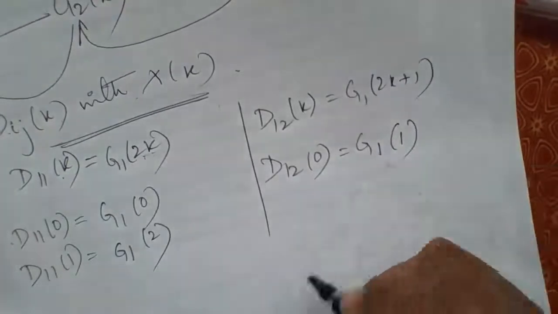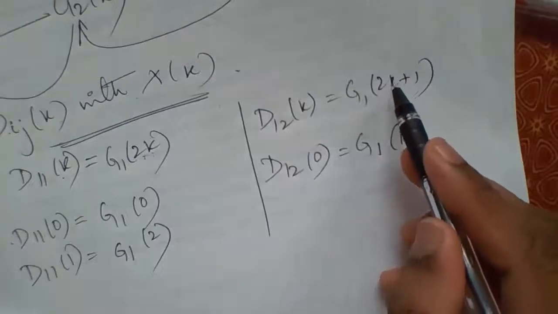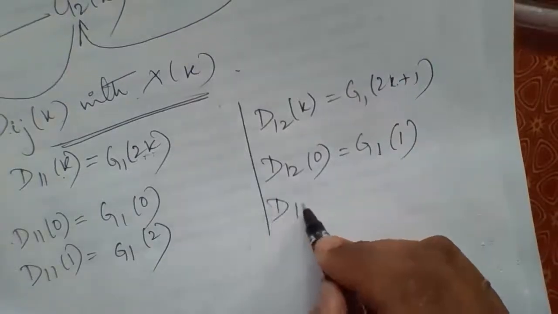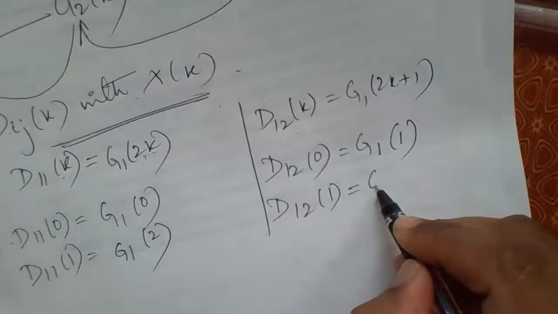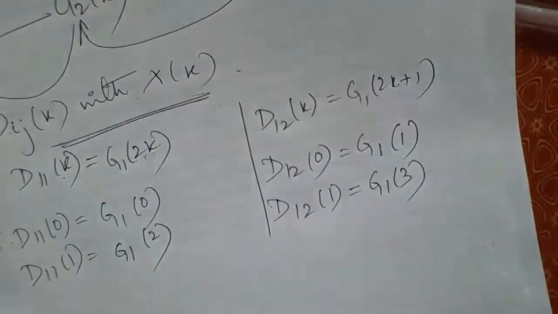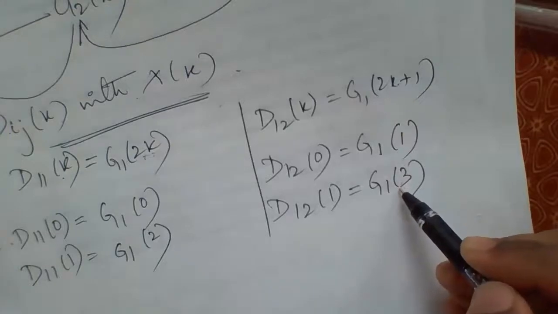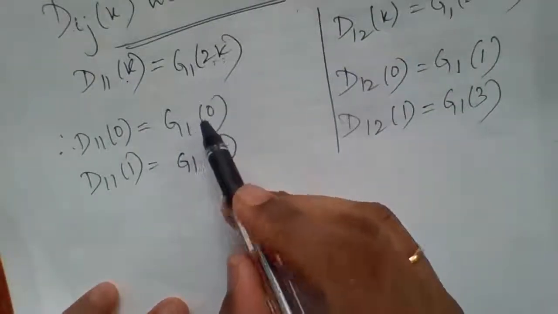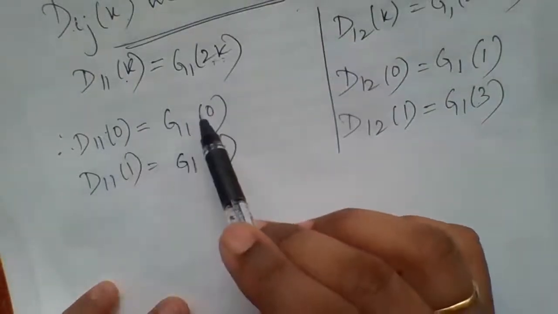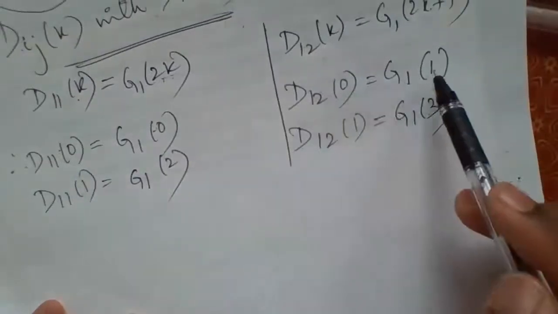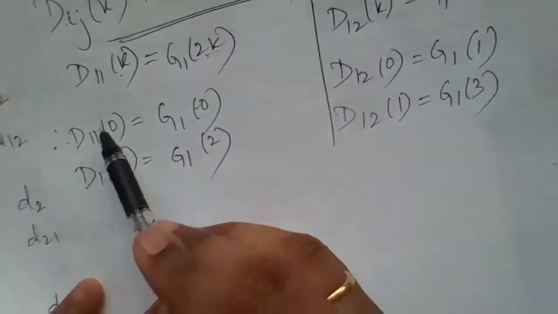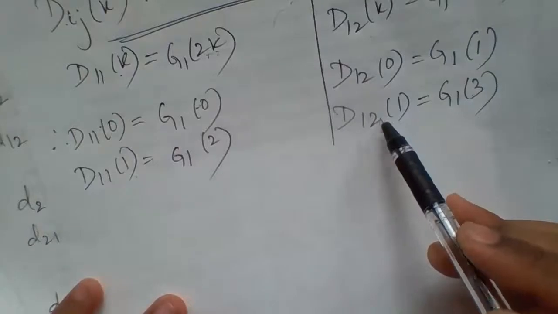Just put k equal to 0 and you get 1. Similarly, d12 of 1 is g1 of 3. So you can see that the D's are related with the G's; the 4 D samples are related with the 4 G samples.